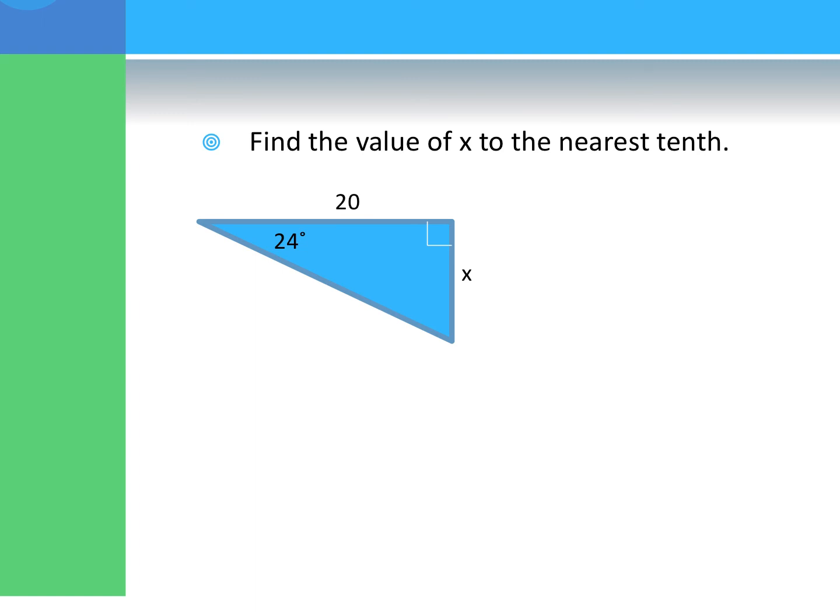So what I'm going to do is I need to label my sides in relation to the acute angle that they've given me. So the x in relation to the 24 is the side opposite. The 20 in relation to this acute angle 24 is the adjacent side. Again, remember, here's your right angle. This side is the hypotenuse. I'm not looking for everything on this problem, only x.